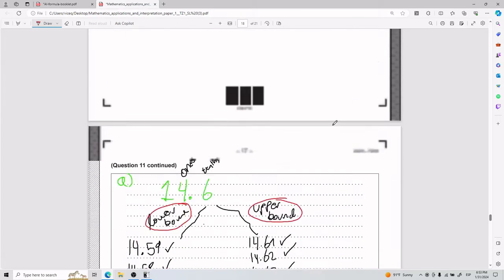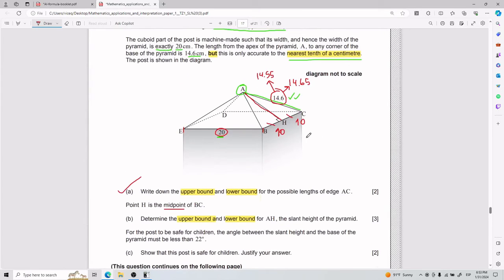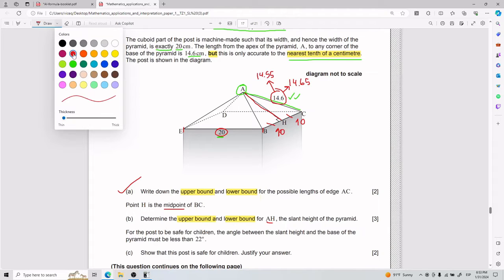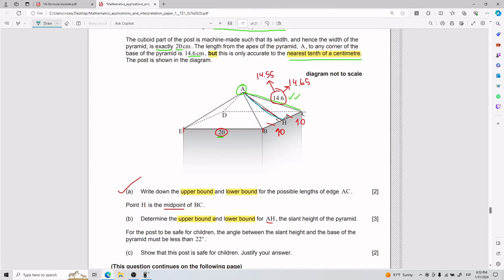Now for both exercises, the approach is fairly the same. Because we need to determine AH, the slant height of the pyramid, the key thing here is to think in triangles, okay? So if you think in triangles, you can find this one here, see? The one that I'm putting in blue, this is a triangle that you can consider.